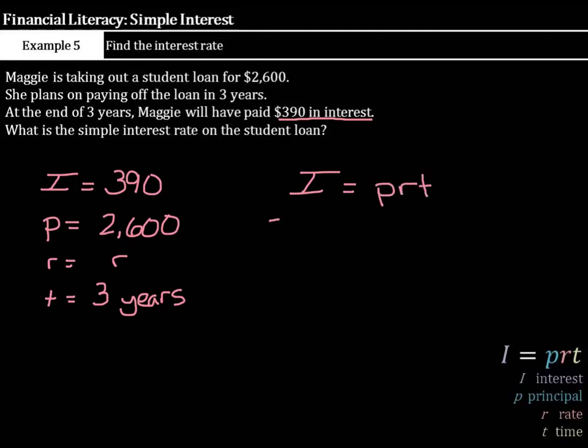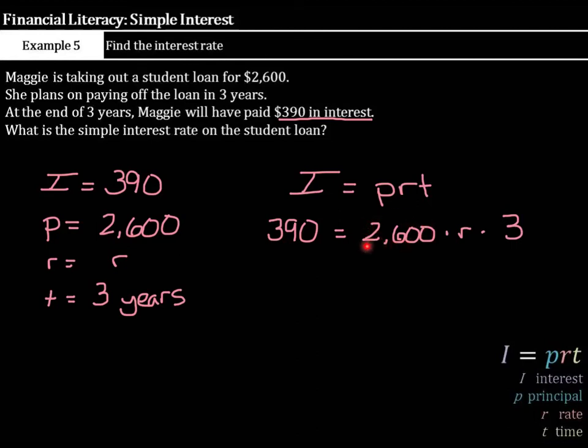Our interest was $390. Our principal was $2,600. Our rate is R, and our time is 3. Let's go ahead and simplify what we can on the right side of the formula.